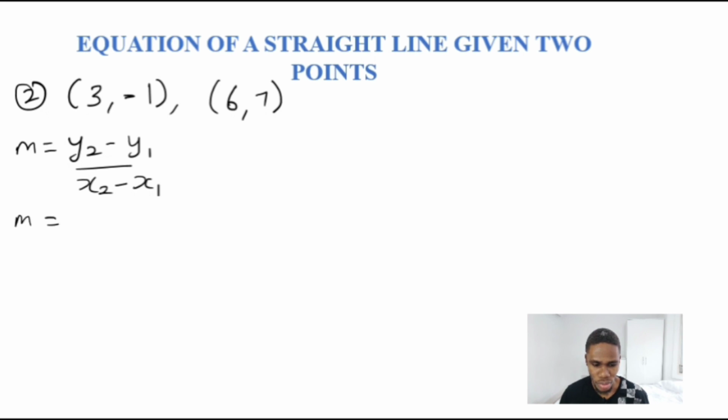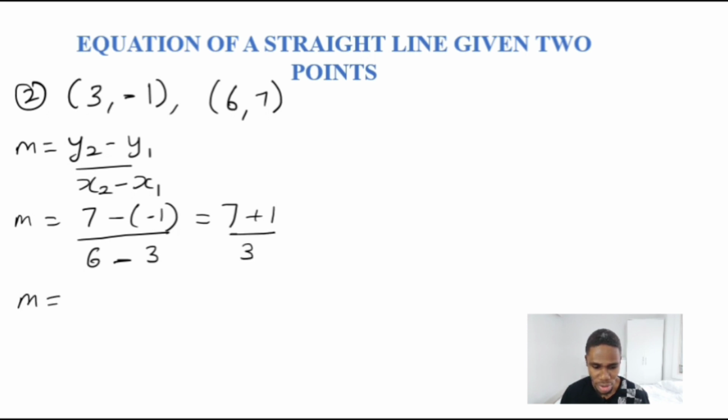So our y2 is 7 minus our y1, which is -1, divided by our x2, which is 6, minus our x1, which is 3. And this gives us 7 plus 1, all divided by 3. So our gradient is 8 divided by 3.